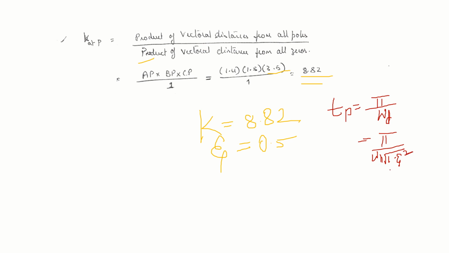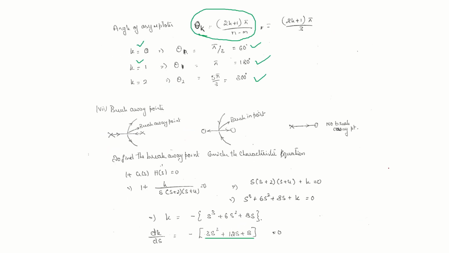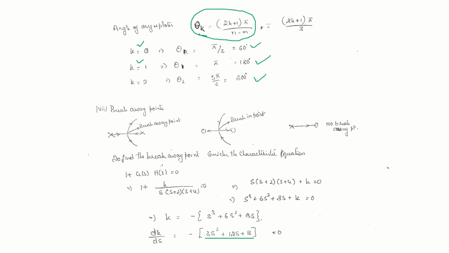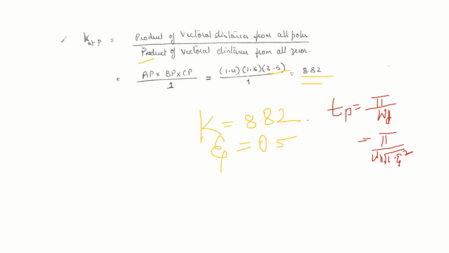Otherwise directly you can measure omega d from here. This is omega d. You can find out the peak time. What will be the overshoot? E to the power of minus zeta pi under root 1 minus zeta square. Or if overshoot is given, I can find zeta and do it the reverse way.